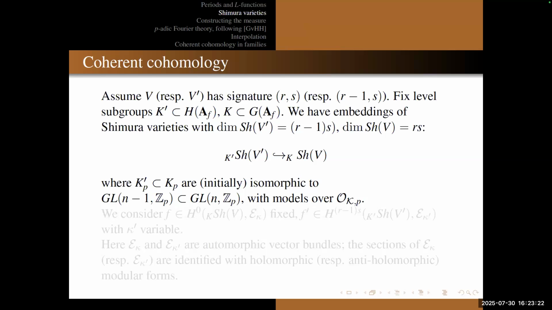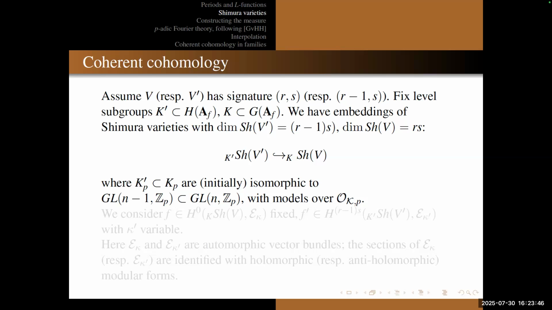So let me say something about the coherent cohomology. We're going to be working over integral models at p. So we have an embedding of Shimura varieties. We fix the signature. The signature of V is (r, s) and (r minus 1, s), with r plus s equals n. We fix level subgroups that are maximal at p.